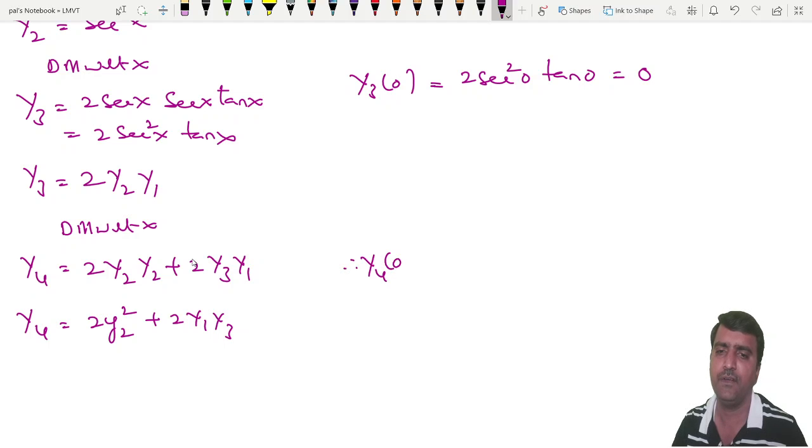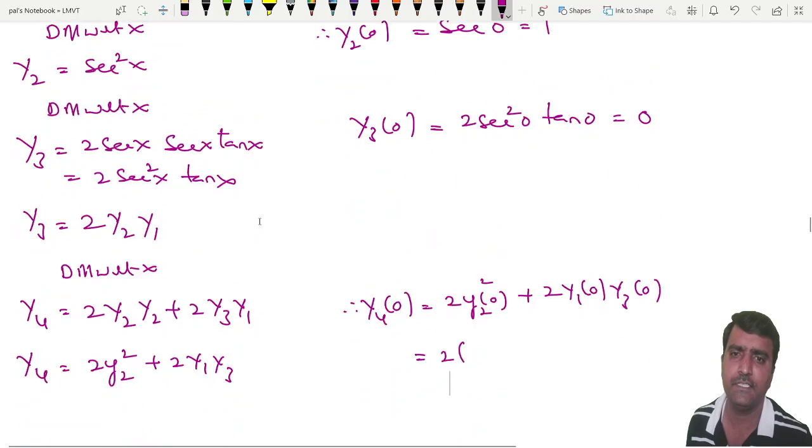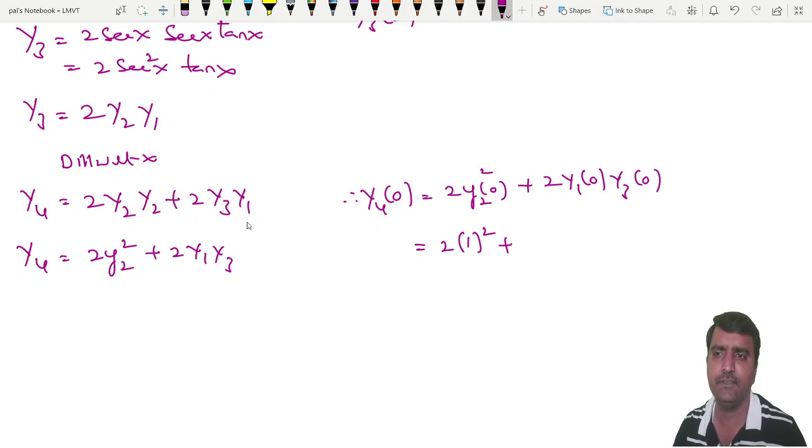Therefore y4 of 0 is equal to 2 into y2 of 0 square plus 2 into y1 of 0 into y3 of 0, which is equal to 2 into, what is y2 of 0? y2 of 0 is 1, so it is 1 square, and y1 of 0 is 0, so take directly it is 0.